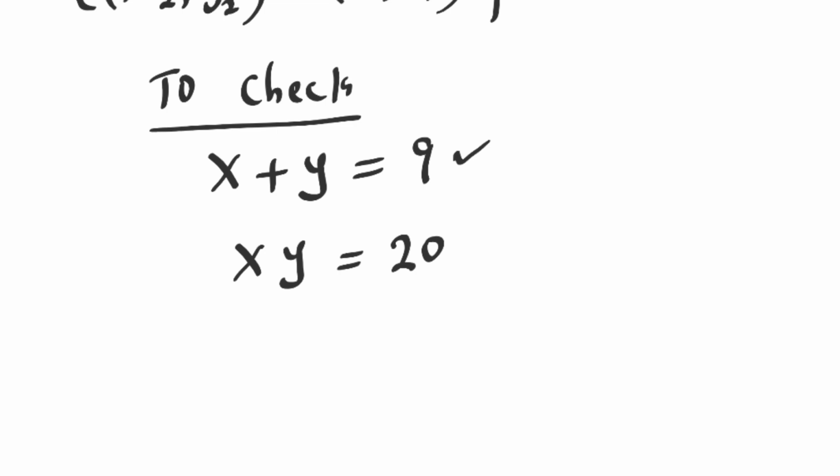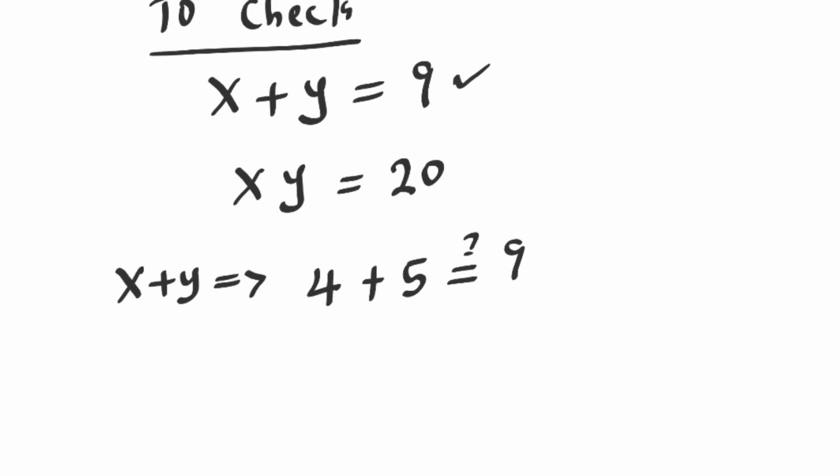Now let us consider this. x plus y, this can be written as 4 plus 5 must be equal to 9. And of course, 4 plus 5, this is 9, is equal to 9, which is true.